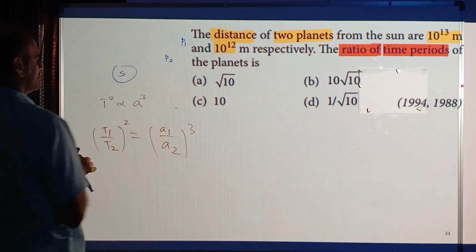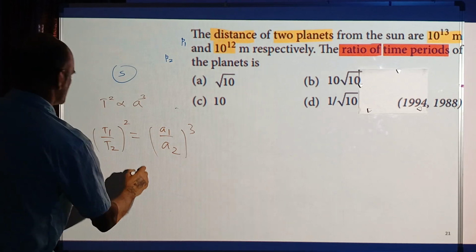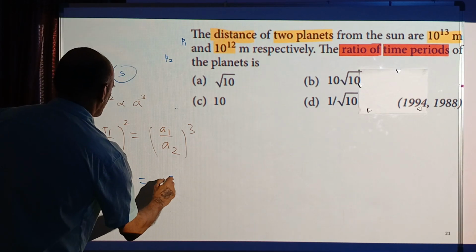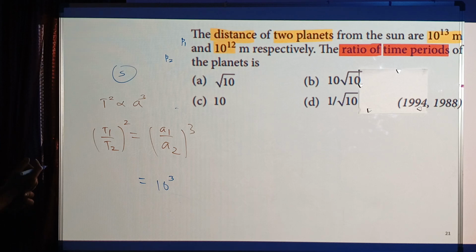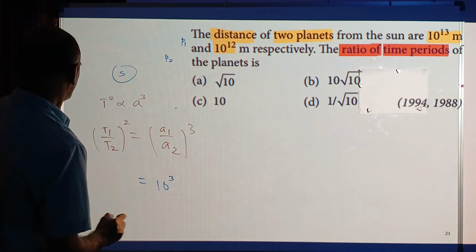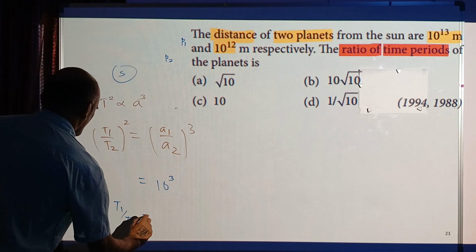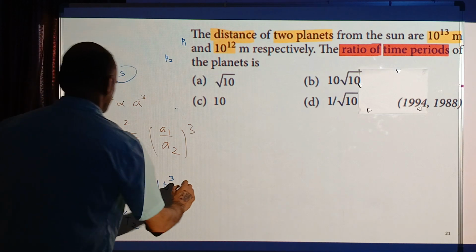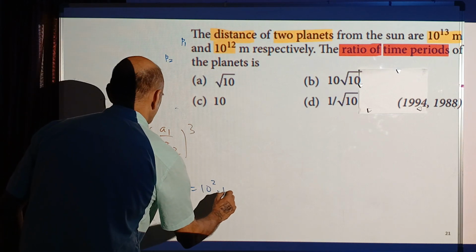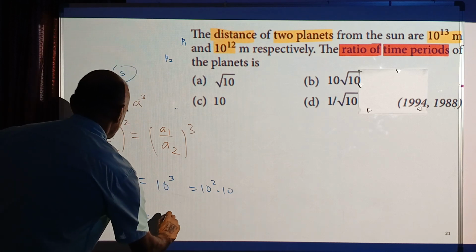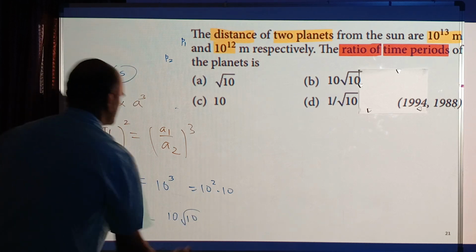A1 is this distance, so this ratio is 10. So 10 cube. So the ratio of time periods T1 by T2, I have to take the square root of this. This is nothing but 10 square into 10. So root of 10 square is 10 and root of 10 is root 10. So it's 10 root 10.